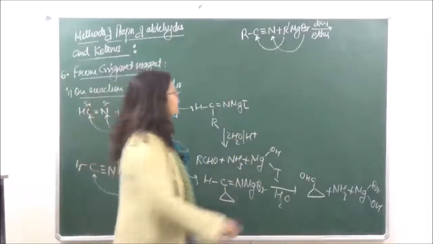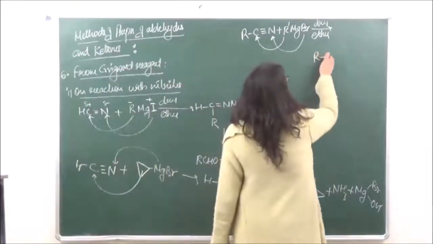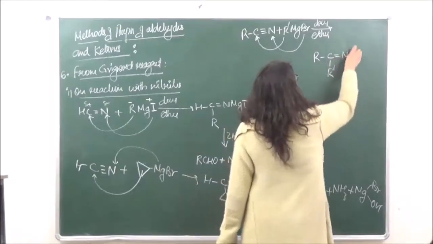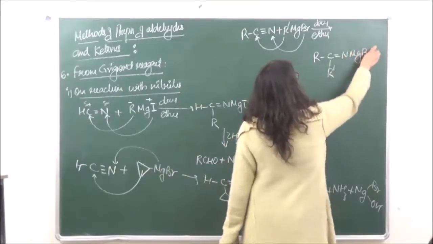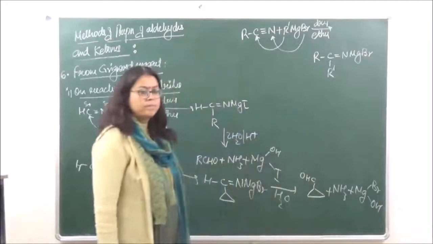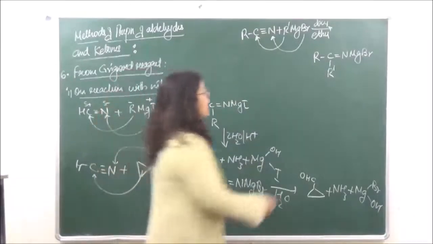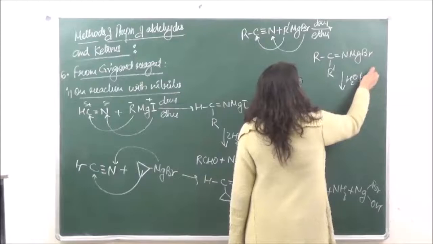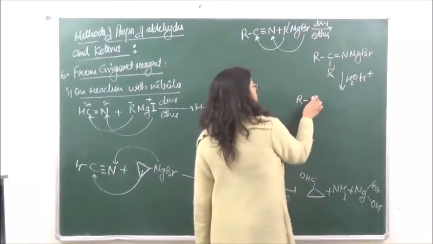So what are we going to get over here? We will get an addition product of the type, right? Then hydrolysis of this is going to give us a ketone.